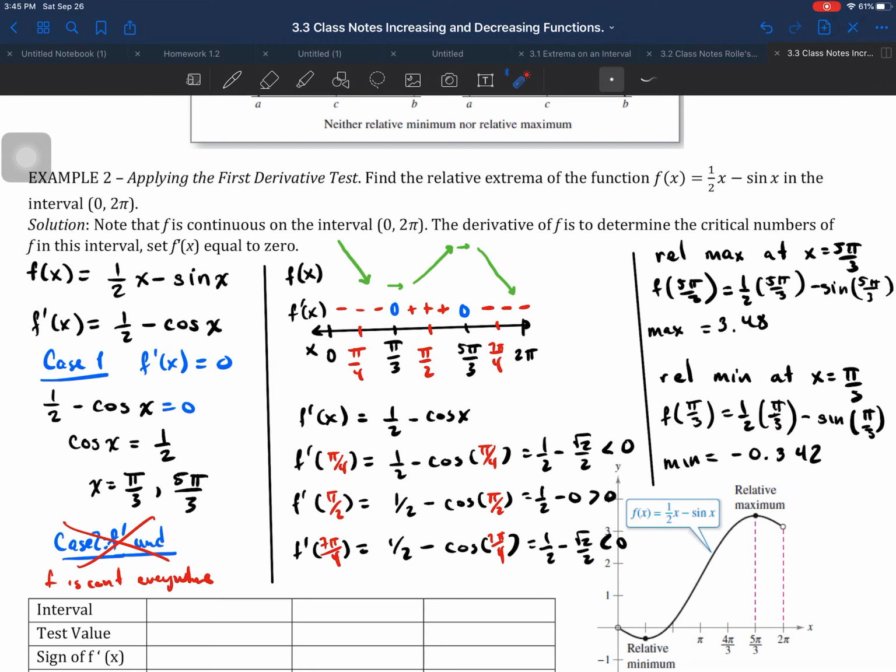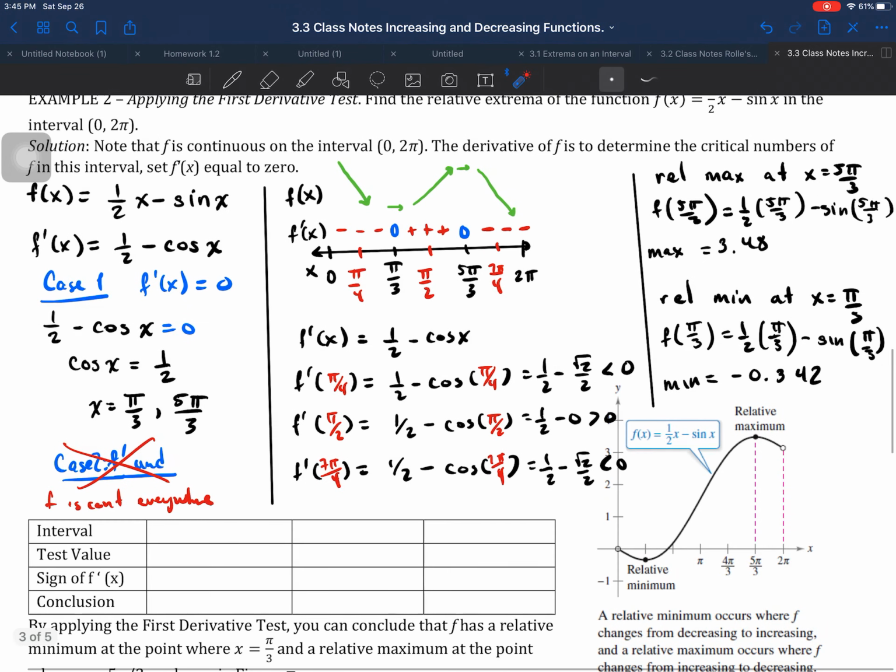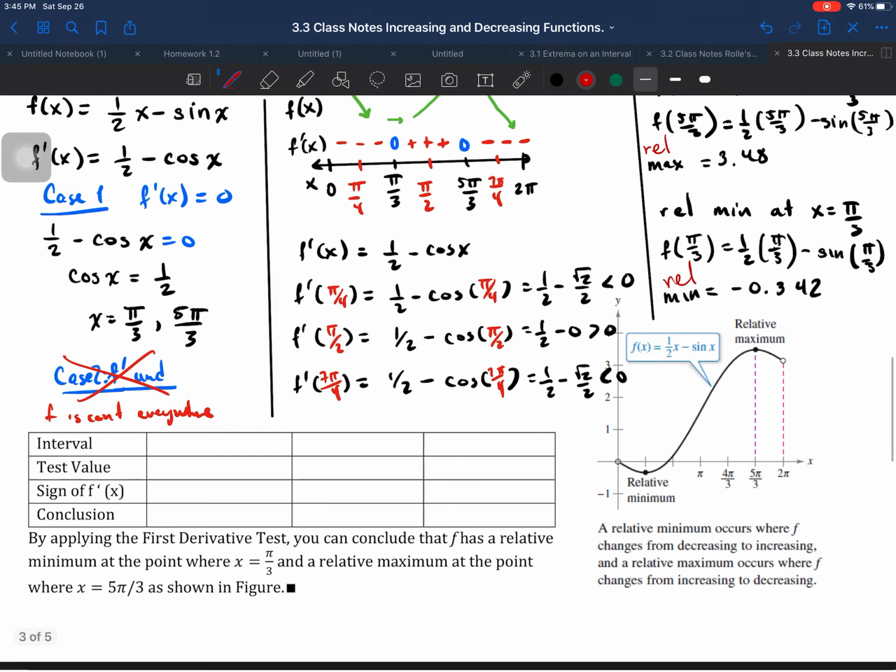That gave me a negative number, and that's the negative value that we're getting here. So this is the relative min, this is the relative max. And maybe I should be a little more careful here. Relative, right? And there you go. We found our relative extrema.